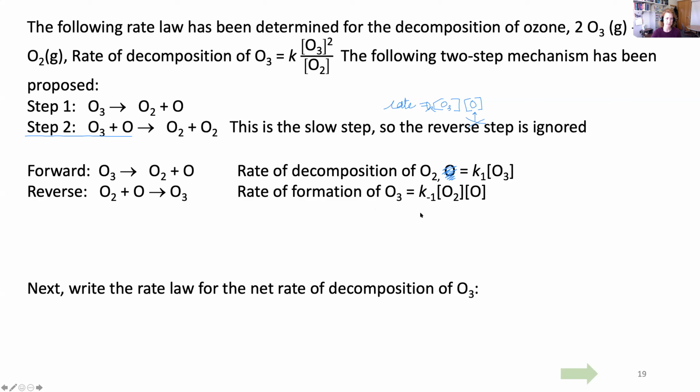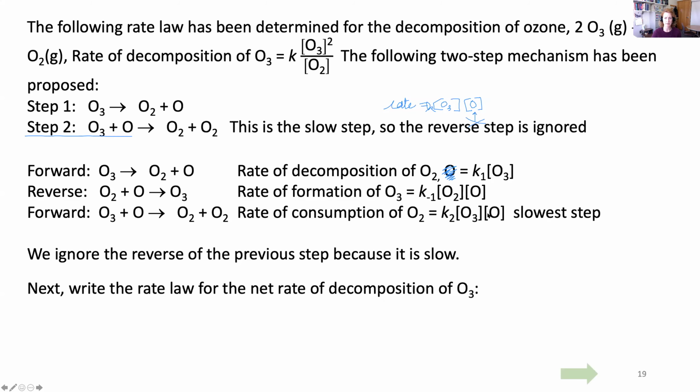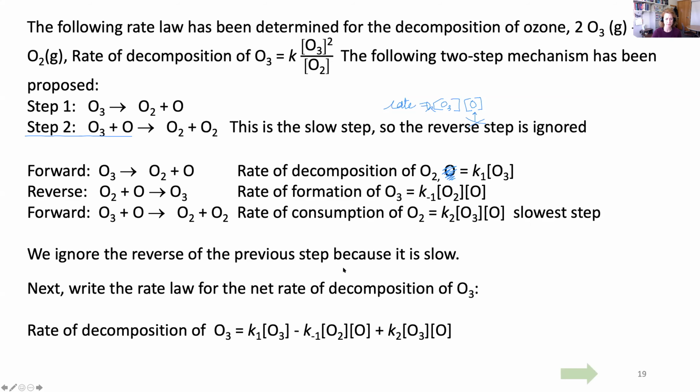And then my final step is going to be the rate of consumption. So this is my slowest step. And so now I have to get rid of my oxygen atom in there. So the rate of decomposition of O3 is going to be the formation and the consumption.